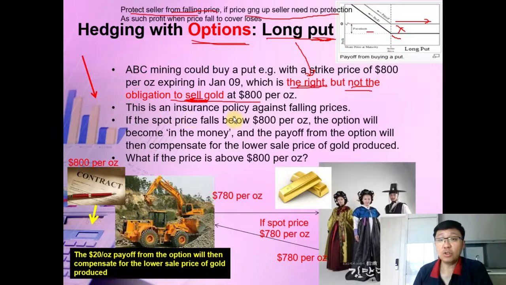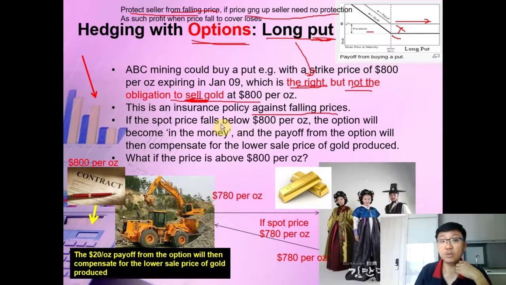So it's like an insurance policy that protects the buyer against a falling price, if you think the price is going to drop. In this case, this is ABC mining company, right? They know the gold price is going to fall because of what? Maybe there's a reduction in demand for gold. So the supply has gone up, demand has dropped, so the price will drop, right?